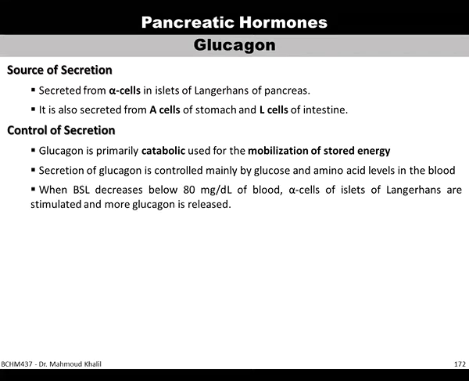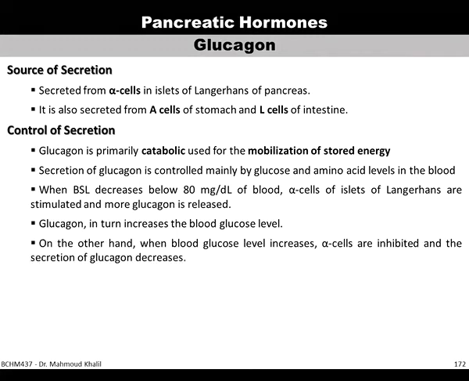When blood sugar level decreases below 80 milligram per deciliter of blood, the alpha cells of islets of Langerhans are stimulated to secrete more glucagon, which in turn increases the blood sugar level. On the other hand, when the blood glucose level increases, alpha cells are inhibited and the secretion of glucagon decreases.